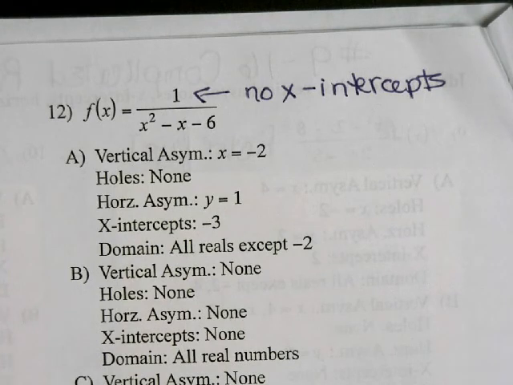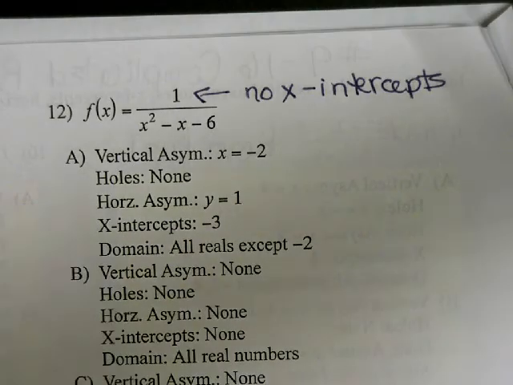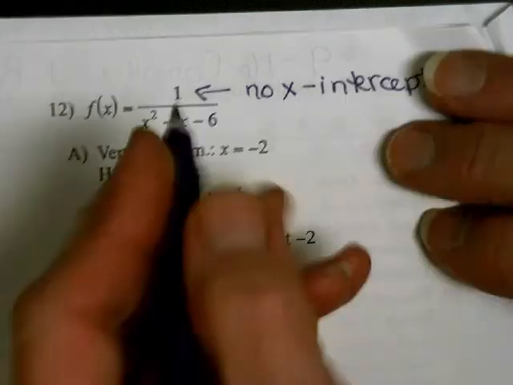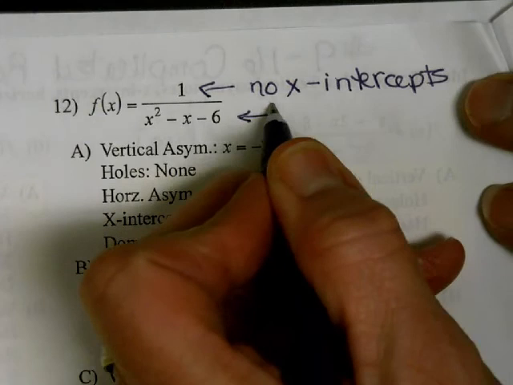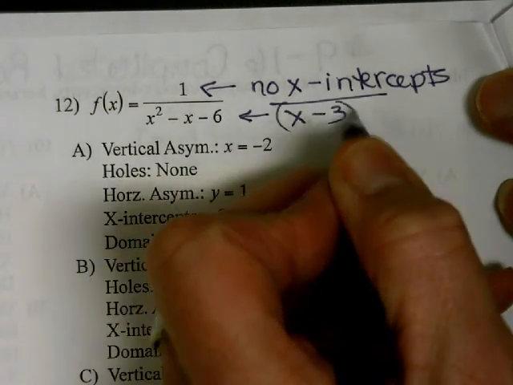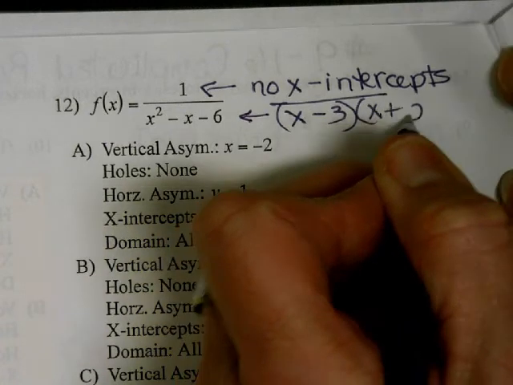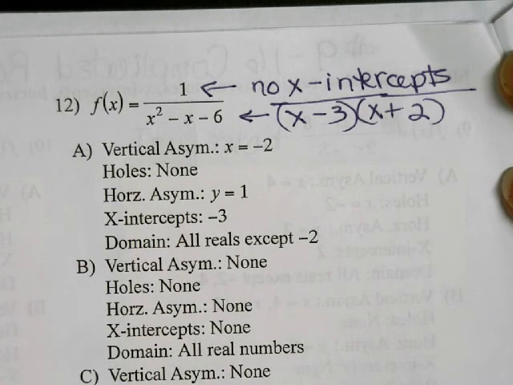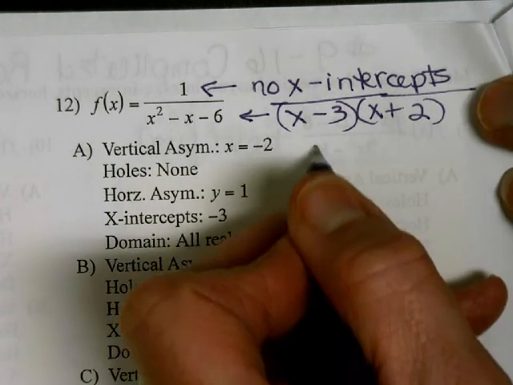The intercepts are what makes the numerator 0, and there's none. Since this is a one-time fraction, I'm going to forgo the sticky note. We could just factor that: x minus 3 times x plus 2. So if there's no x-intercepts, we're going to keep on going.